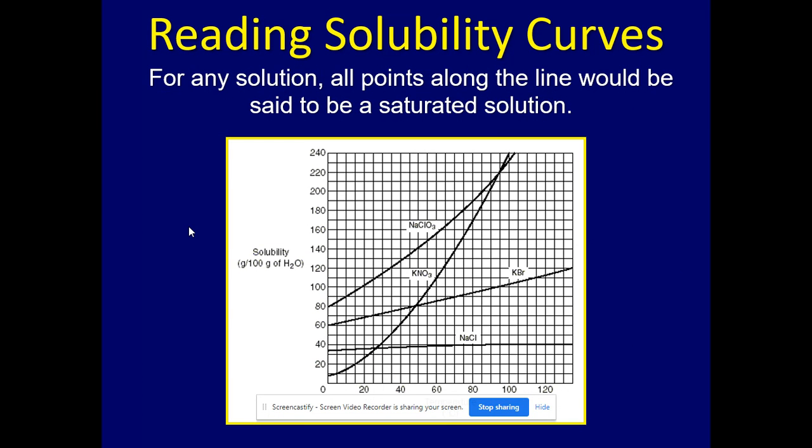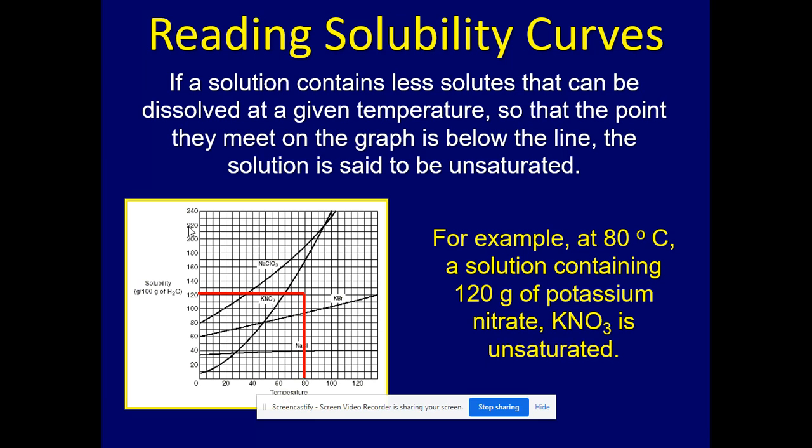Any point along any of the curved lines is a saturated solution. Now, if a solution contains less, then the point would be below that curved line.